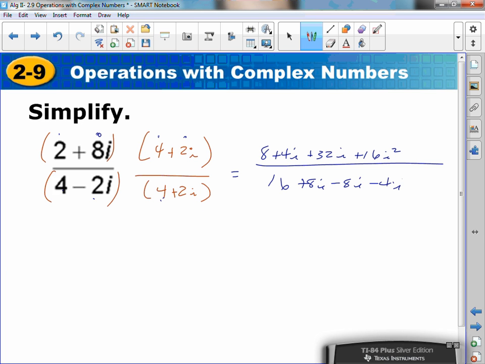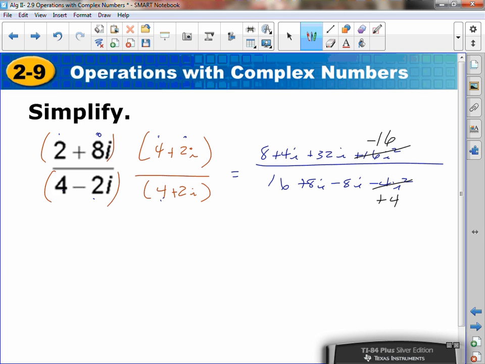Negative 4i squared. So all I've done is taken the conjugate and multiplied by the numerator and denominator. Factored it out. Distributed it. When I have i squared, what does this really mean? Negative 1. So it makes this a negative 16. Makes this one down here a plus 4.